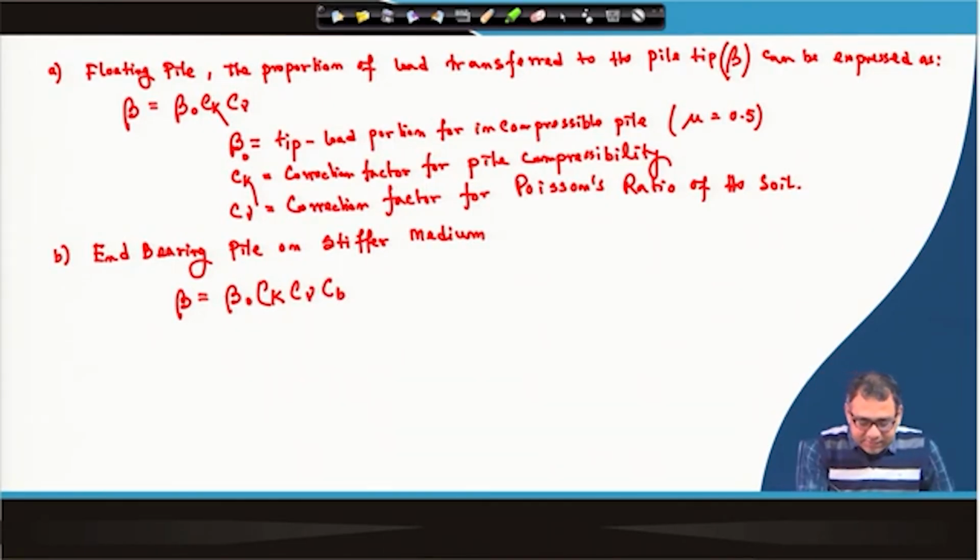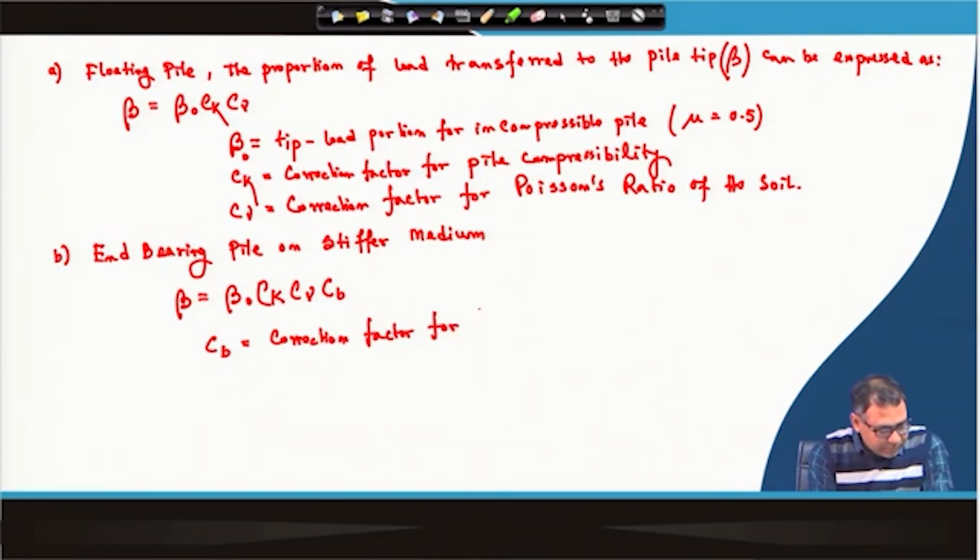So, this C k and C nu are the same as we have discussed for the floating pile, but C b is introduced. What is C b? C b is the correction factor for stiffness of bearing strata.